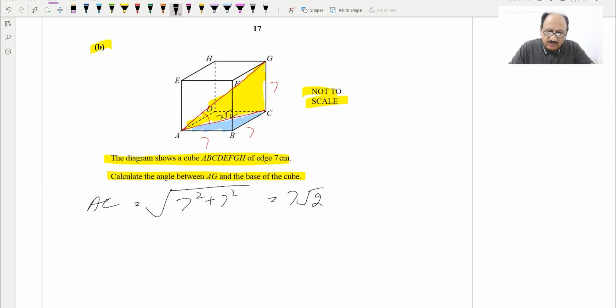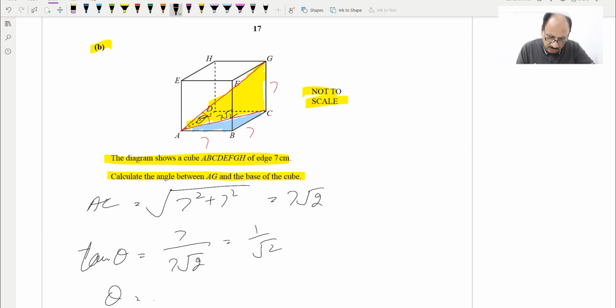Now we can apply opposite over adjacent. Opposite over adjacent is what? Tan theta. So this is theta. So tan theta is equal to 7 over 7 root 2, which is equal to 1 over root 2.